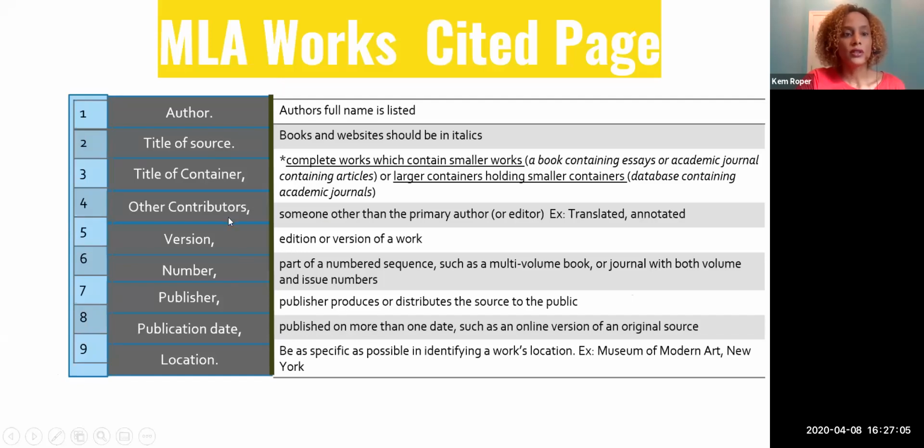Then any other contributors are listed afterwards. The version number, version, and issue number follow that, and then the publication date after the publisher. And the location comes after that.